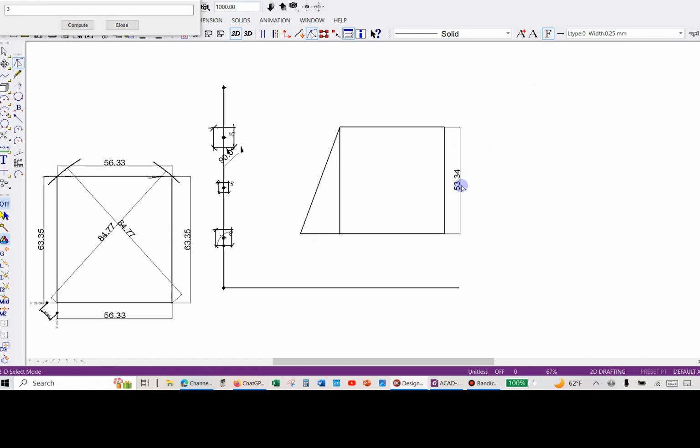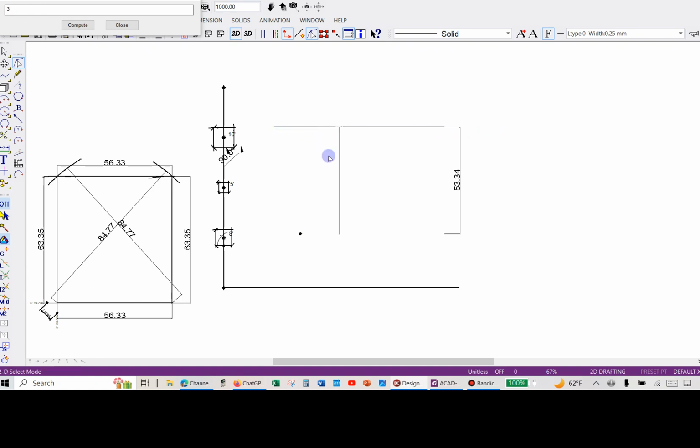is 53.35. Let's say that's how far away that point's got to be at that angle from here. So this is a predetermined point, and this is a predetermined distance away.